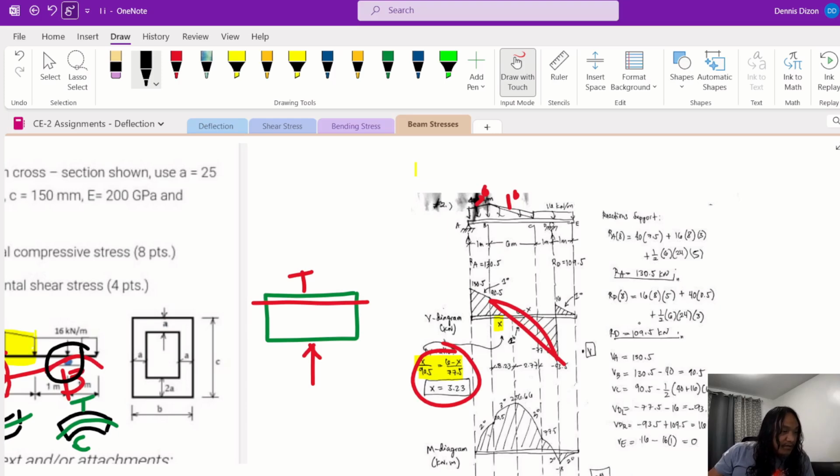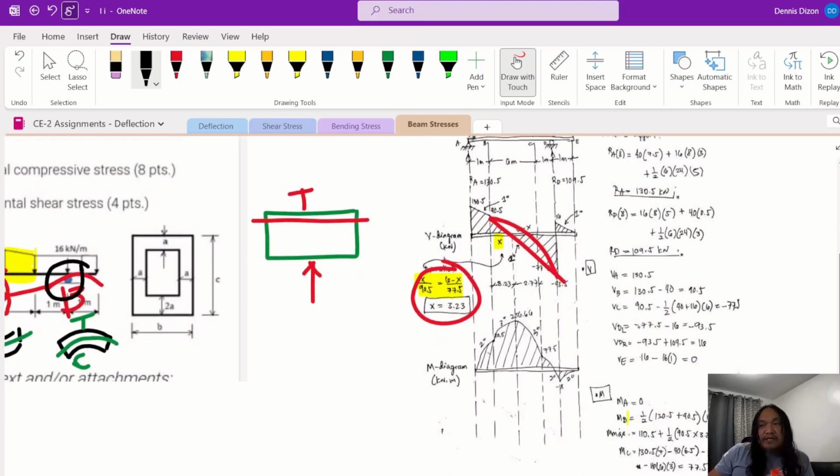So let's draw the shear and moment diagram, and then we will determine the value of X where the shear is 0, and that is the location of the maximum positive bending moment.